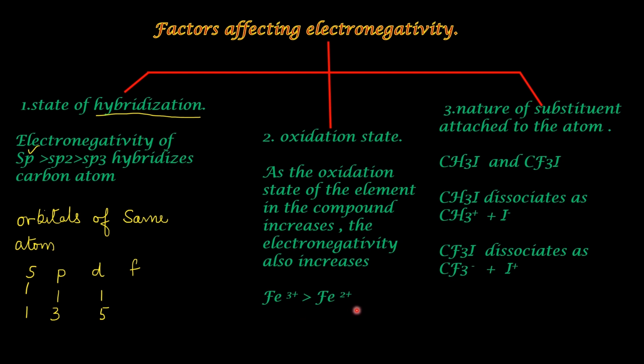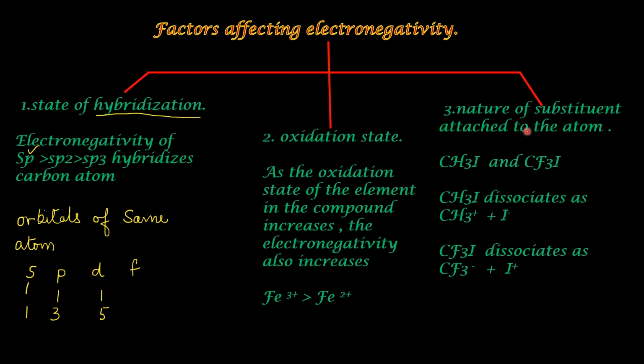Electronegativity of iron in compounds where iron is present as iron 3 plus will be more than the electronegativity of iron present as iron 2 plus in another compound. So the same element acquires different electronegativity because of the difference in the oxidation state. So the electronegativity of iron 3 plus is greater than that of iron 2 plus. So we may say as the oxidation state of an element in the compound increases, the electronegativity also increases.